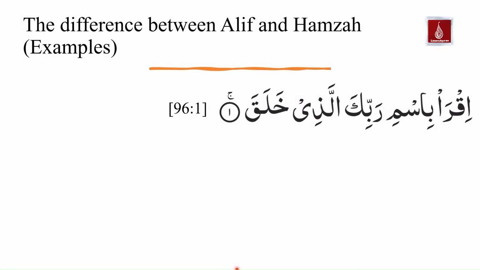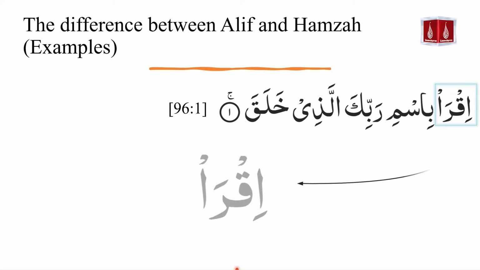Let us look at some examples to better understand the difference between alif and hamza. The following is an ayah from the Holy Quran, and the word that we will focus on is the word iqra. If we look at the word iqra superficially, we might conclude that there is two alifs in the word iqra, one at the start and one at the end.